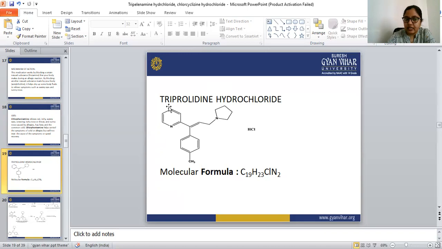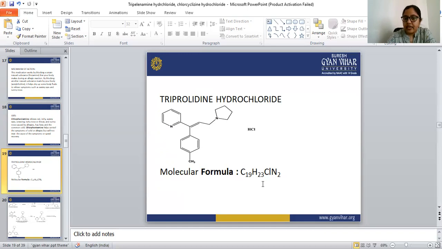Then it contains 14, 15, 16, 17, 18, and one more carbon, 19. So this is how we count the carbon number in the structure.